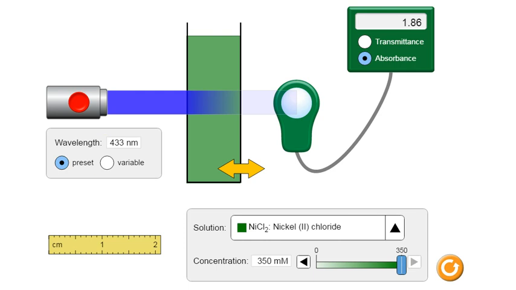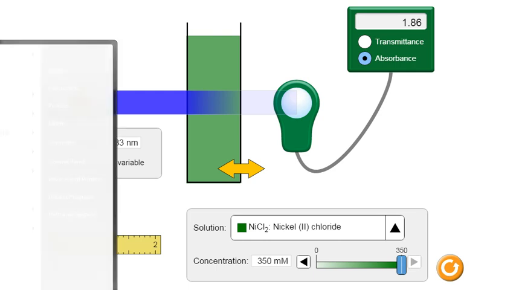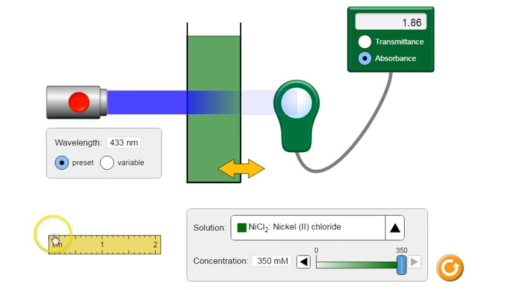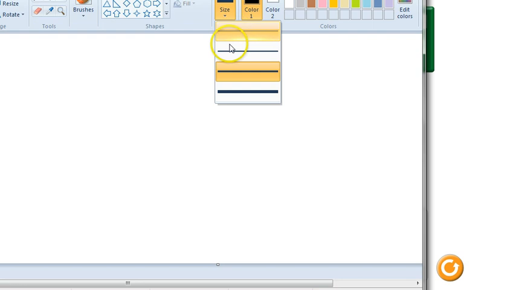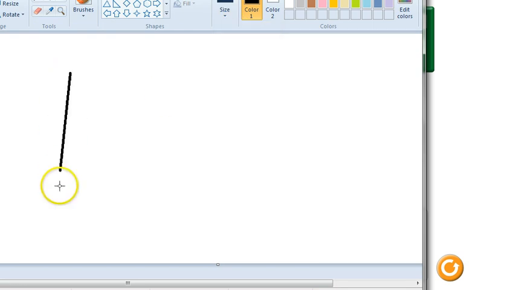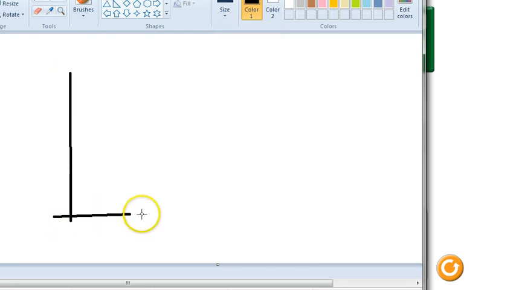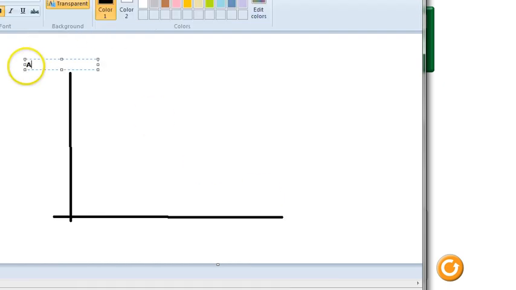So the point of this question is for you to think about how fast the absorbance is rising compared to the concentration. And here's what I mean by that. Here's a nice y-axis of a graph, and here's a nice x-axis of a graph. Now, on the y-axis, it is absorbance.